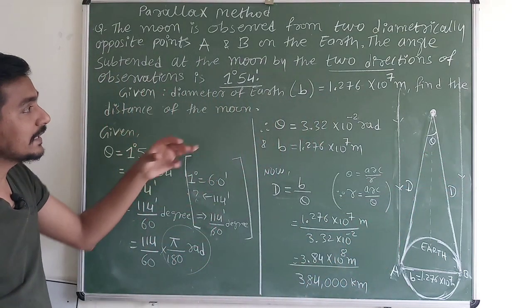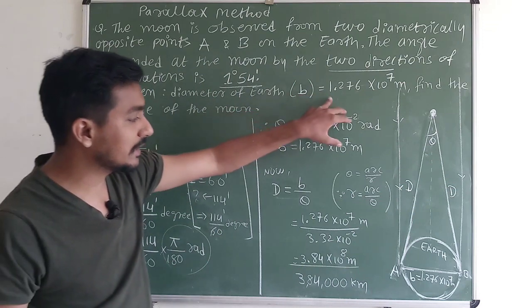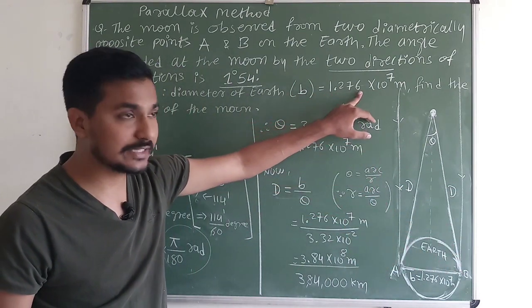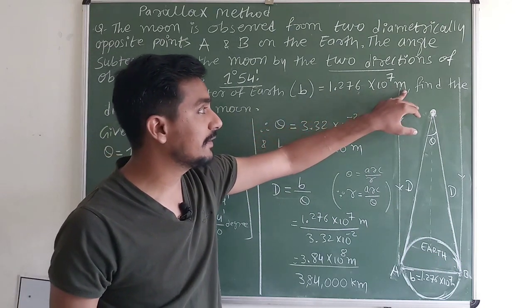The other data given: b, the diameter of the earth, is 1.276 into 10 raised to 7 meters.